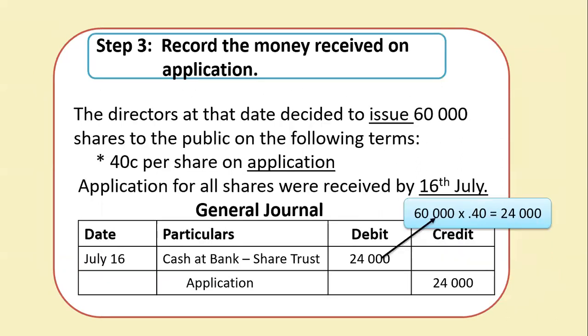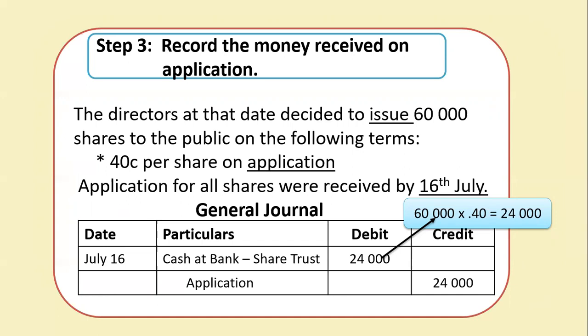So step number 3 is to record the money received on application. The application due was 60,000 multiplied by 40 cents, which is 24,000. Step number 3 and step number 4 are both happening on the same date. So you can even have step number 4 as step number 3 and step number 3 as step number 4.